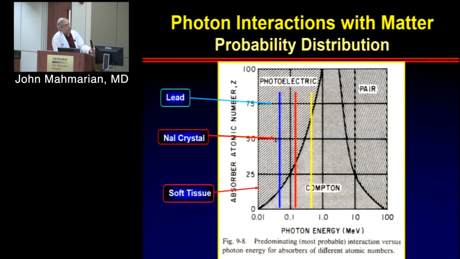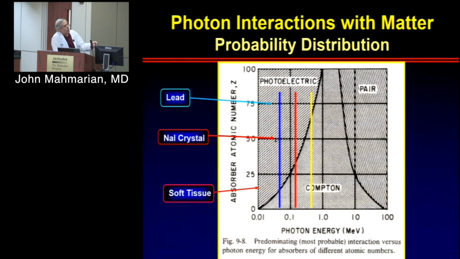So right here is the 140, is the 72 keV of thallium. And you can see in soft tissue, what you see is a combination of photoelectric effect and scatter when you have thallium. When you use technetium, which is 140 keV, you do get some Compton scattering, but you get more photoelectric effect than Compton scattering.